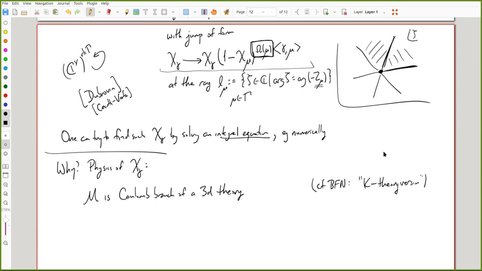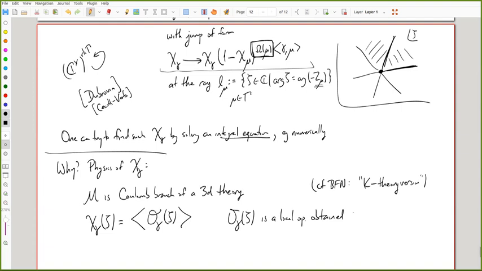Here, again, we're going to take vacuum expectation values of local operators. So X gamma of zeta is the vacuum expectation value of a local operator, which I'll call O gamma of zeta. O gamma of zeta is a local operator obtained from taking, so this 3D theory came from a 4D theory on the circle.